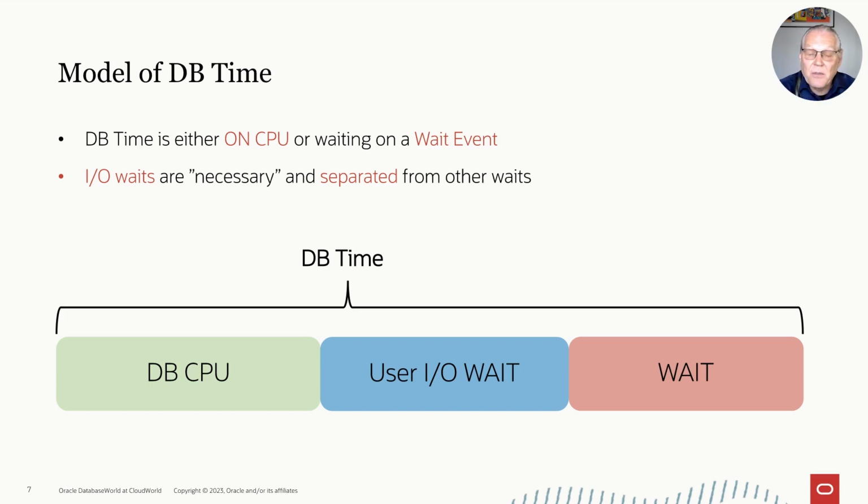So there's a certain class of waiting called I/O wait, and then there's also other wait. We tend to break DB time down into those three big buckets, and you'll often see that breakdown. We think of I/O wait as being necessary because the data is on some storage medium, and in order to process it at all, we have to do some I/O.